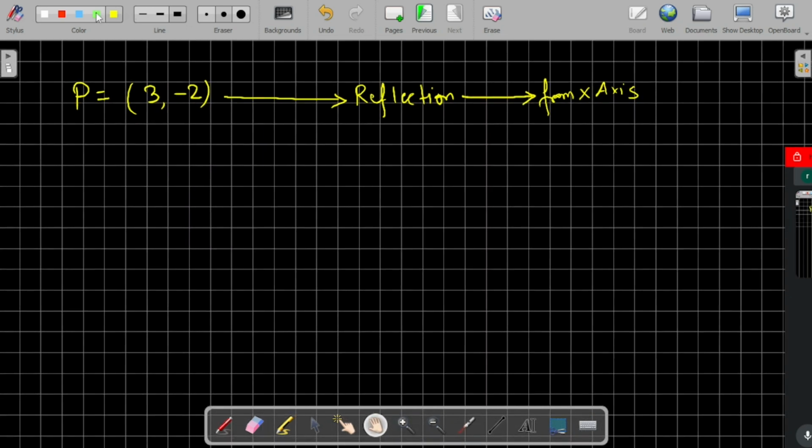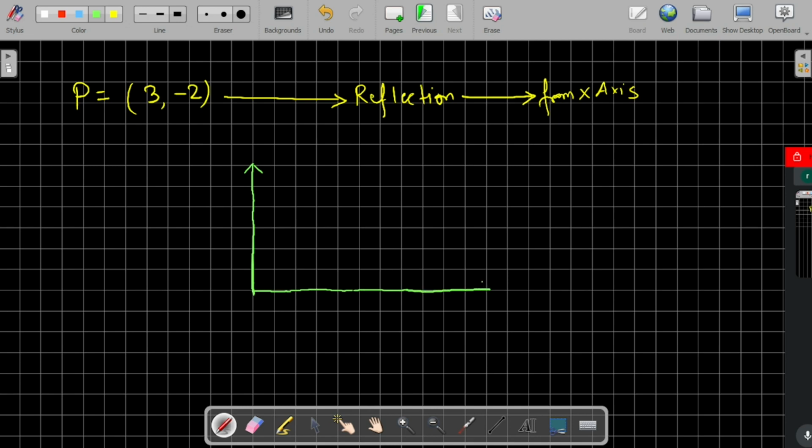So first of all let me draw the grid line. You can tell me the answer. Your question is in front of you. You have the point P, you have to take the reflection from x axis. You can tell me the answer during this time.